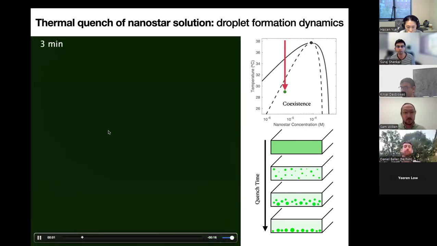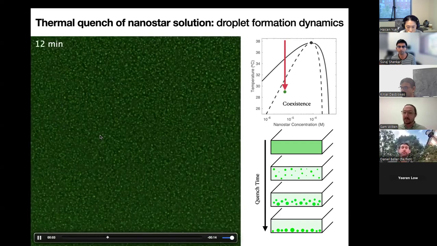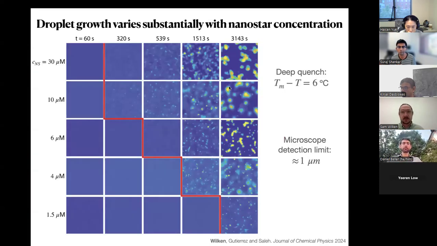So here, what determines the onset of droplet formation? What we do is we do that kind of experiment, we quench into the coexistence regime with what we would call a deep quench here, 6 degrees below melting. And at different nanostar concentrations, we just take microscopy movies, and we can determine the onset time of condensation.